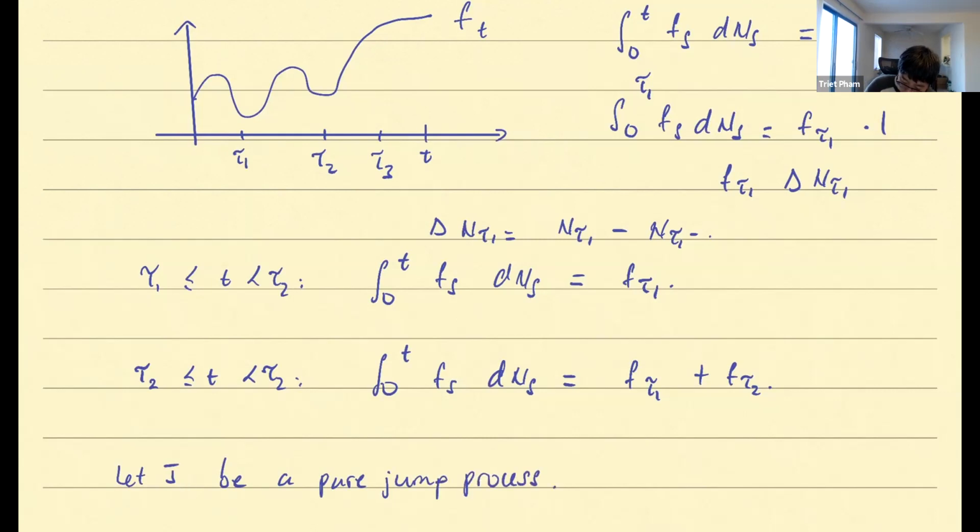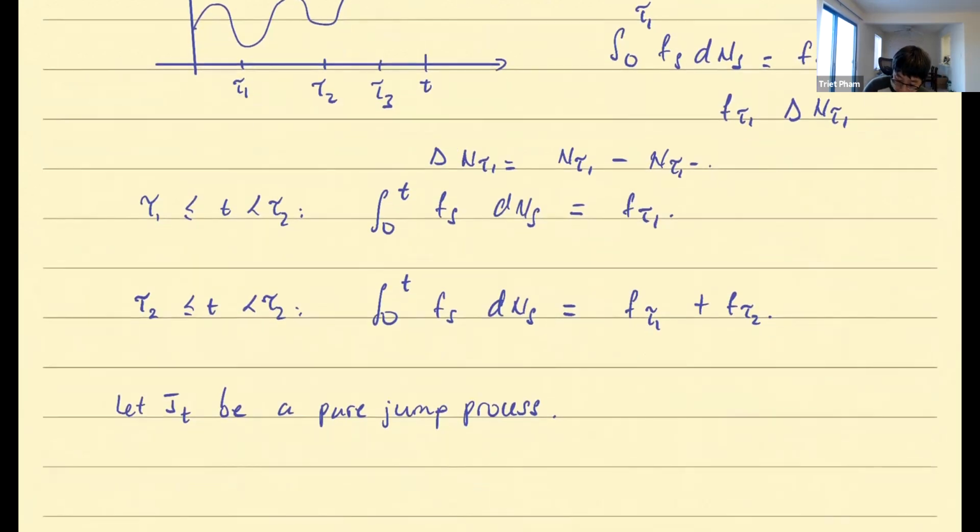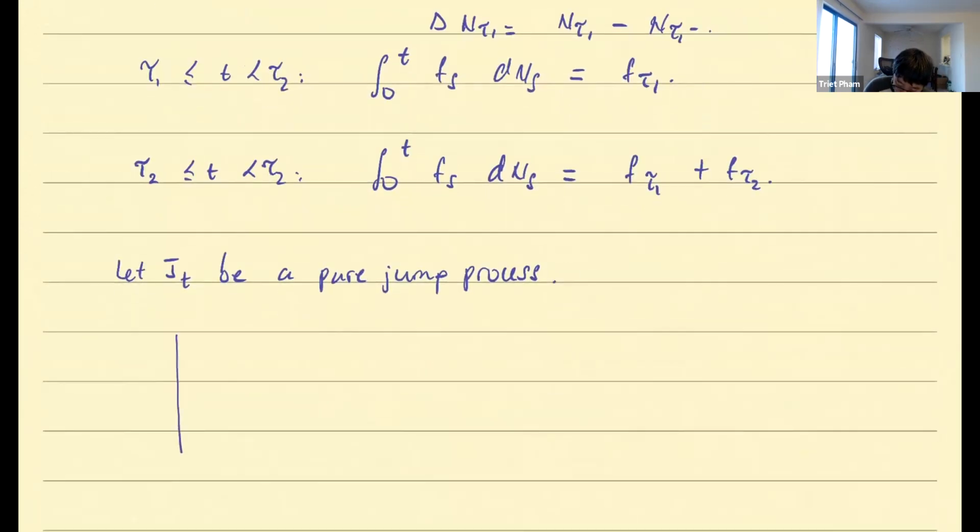So by a pure jump process, I mean something like a Poisson process, except we don't say anything about the distribution of this process. It's more of a path property. What it means is it can start anywhere. Let's just say it starts at 0 to make it easy. Then it jumps, then it jumps, then it jumps.